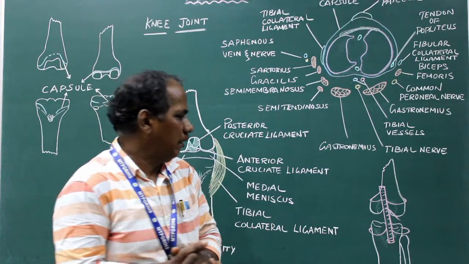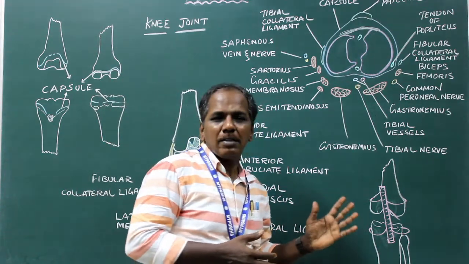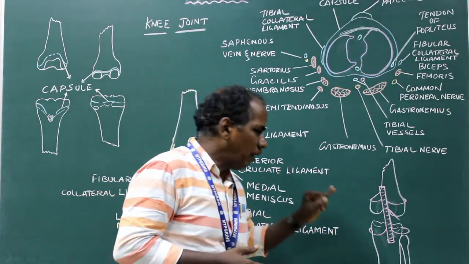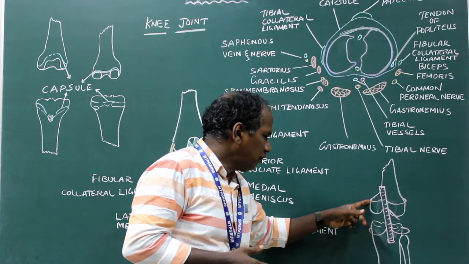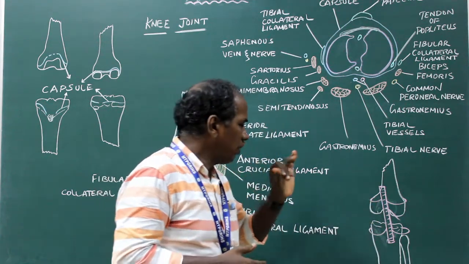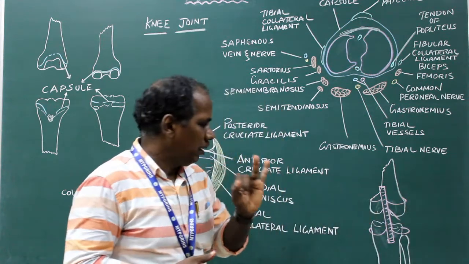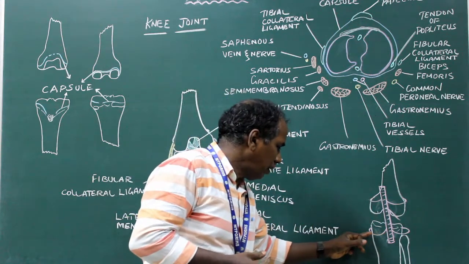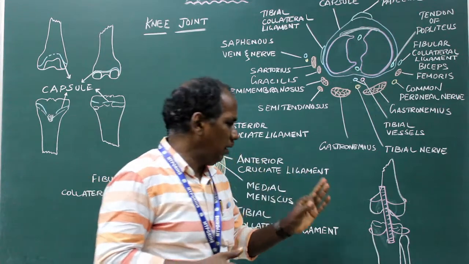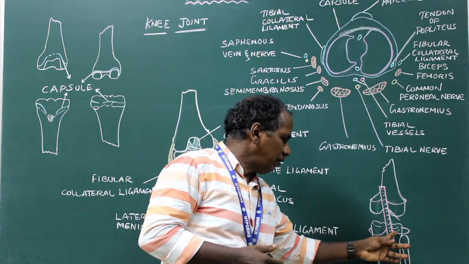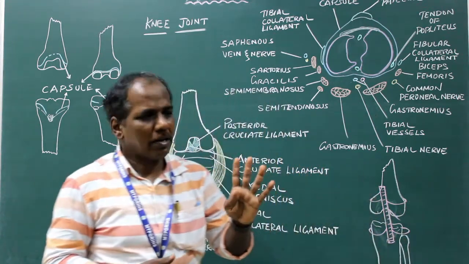Blood supply. The knee joint is supplied by, number 1, superior medial genicular artery. Number 2, superior lateral genicular artery. Number 3, inferior medial genicular artery. Number 4, inferior lateral genicular artery.